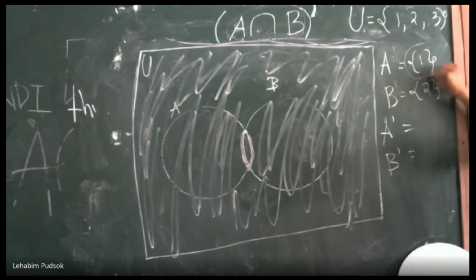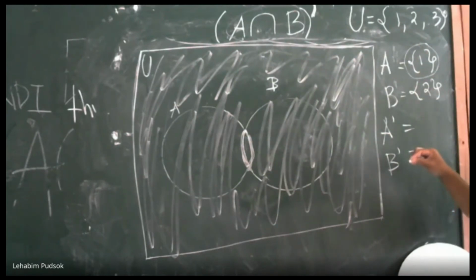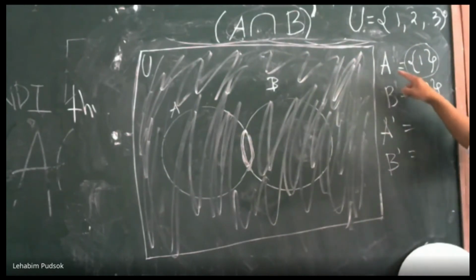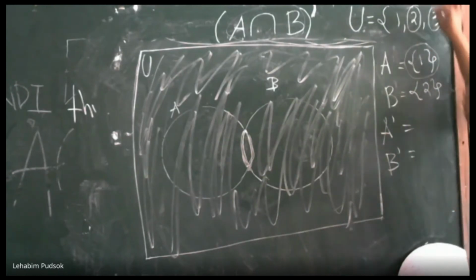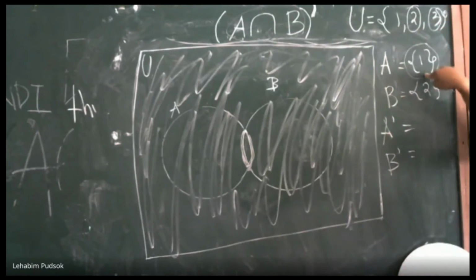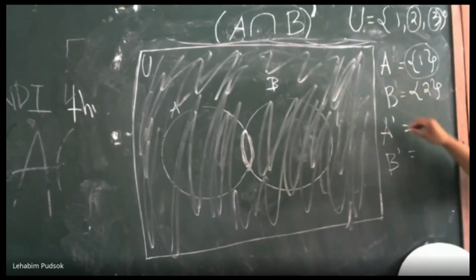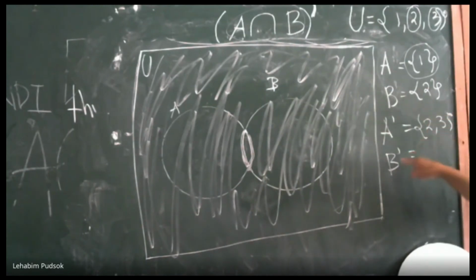the complements of A are the elements that you can find in the universal set but you cannot find in A. So what are the complements of set A? We have 2 and 3, because you cannot see 2 and 3 in the elements of A. So I will put 2, 3. What about B complement?